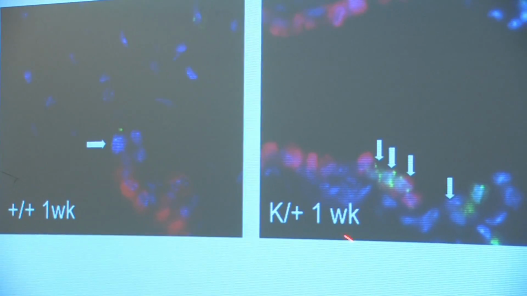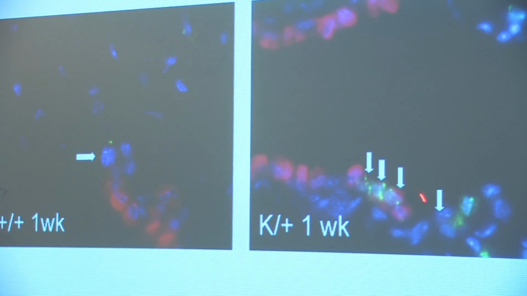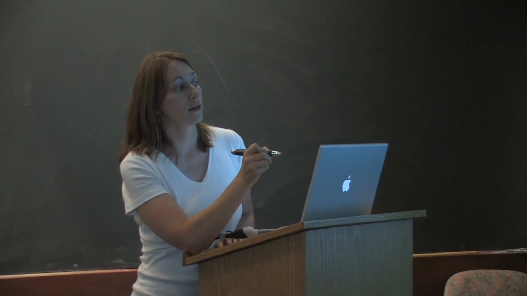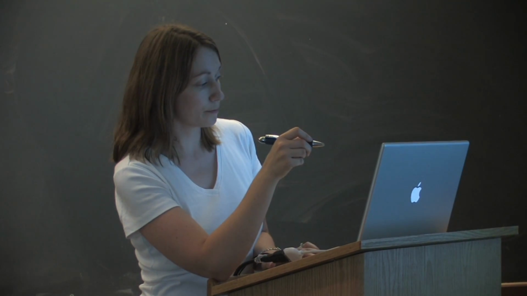But in the KRAS mice that had been given CRE, we found an increase in the number of these stem cells. This suggested to us that these cells might be the cells that go on to give rise to tumors. This is a time point even before the mice develop tumors, but when we begin to see that hyperplasia, which we think might be the precursor lesion.